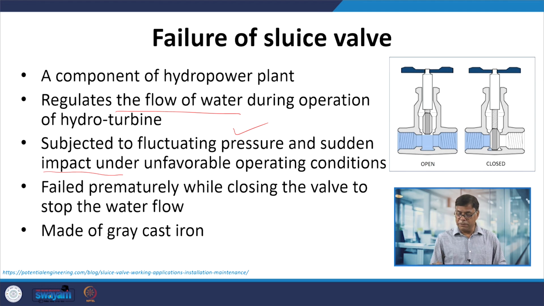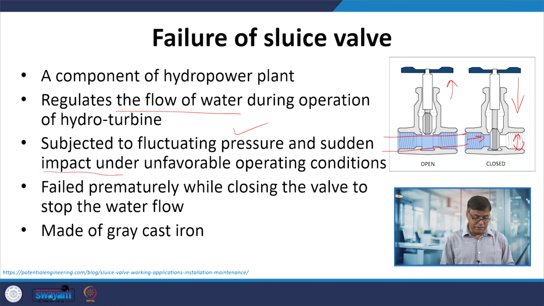If you see this sluice valve, when it is in the up position it facilitates uninterrupted flow of the fluid or water, and when it is closed, in the down position, it stops the flow of the water. So, when it is stopped suddenly, a lot of internal pressure and impact will be generated, leading to an increased failure tendency due to the impact.